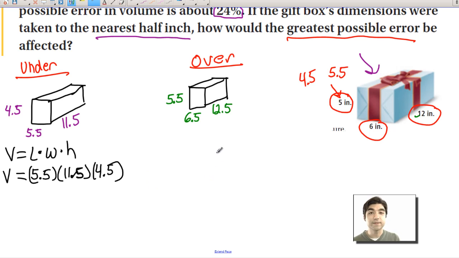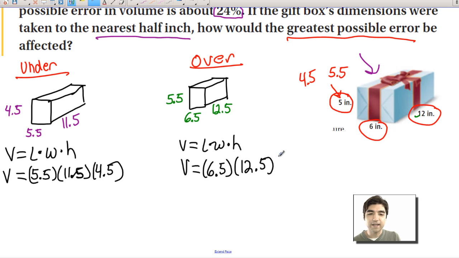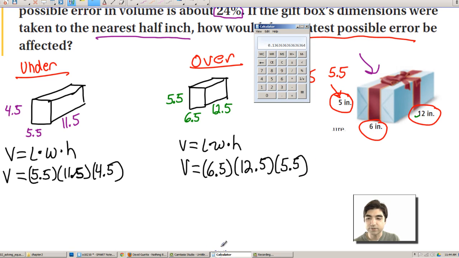Okay, and we're going to do the same thing with the over on the right hand side. So we got volume equals length times width times height. So volume equals length of 6.5, and then the width is 12.5, and then the height is 5.5. So then we just need to punch in the calculator these two equations.